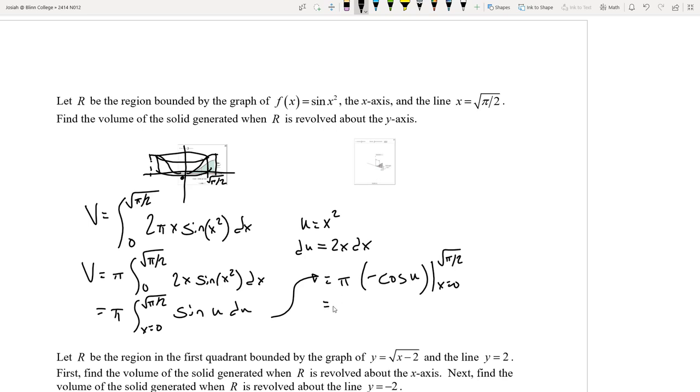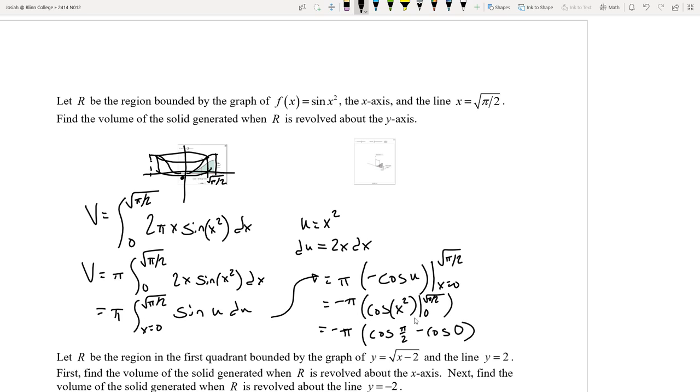So we've got negative pi, and we will evaluate cosine of u, and we'll replace the u with x squared at this point, from 0 to root pi over 2. So we've got negative pi, and then on the inside we've got cosine of pi over 2 minus cosine of 0.